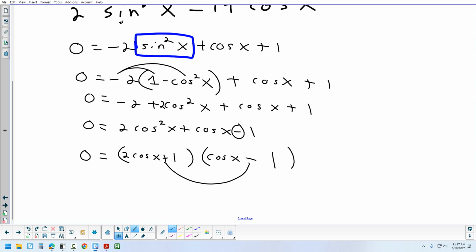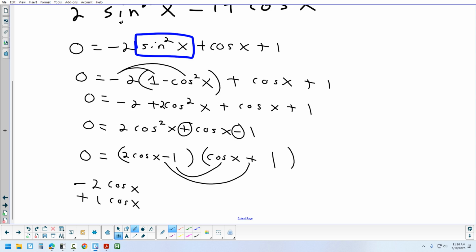Let's see. 2 cosine times negative 1 is negative 2 cosine, plus 1. Negative 2 plus 1 is negative 1. So I need to swap the signs. So plus, minus. Now you get positive 2 cosine, take away 1 cosine. Perfect. So now we've factored it.